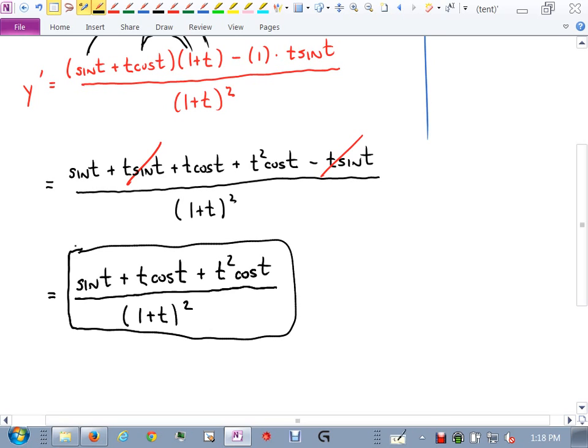Oh, yes. I see what you're saying. Yes, you could factor a cosine t out of just these two and be left with a t plus. Yeah, you could also factor a t cosine t out of both. So that's where things start to become a little bit ambiguous, and so we don't really lock ourselves into anything.